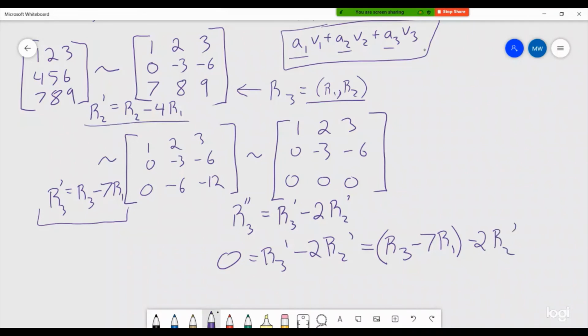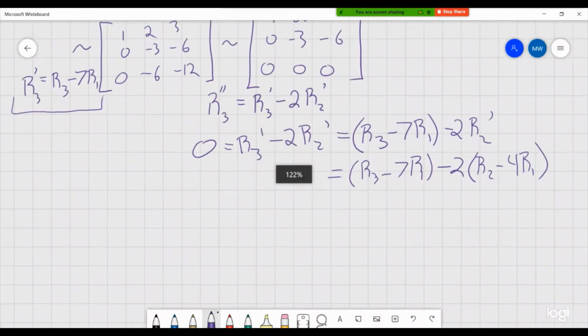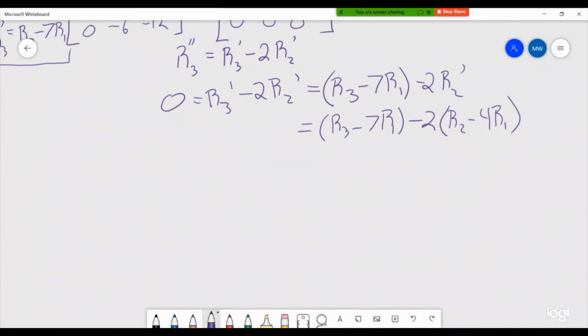But row 2 prime we also know. So that is equal to row 3 minus 7 row 1 minus 2 times row 2 minus 4 row 1. And so at this point, we now know 0 equals that, and we are trying to solve for row 3. So we have 0 equals row 3 minus 7 row 1s minus 2 row 2s plus 8 row 1s.